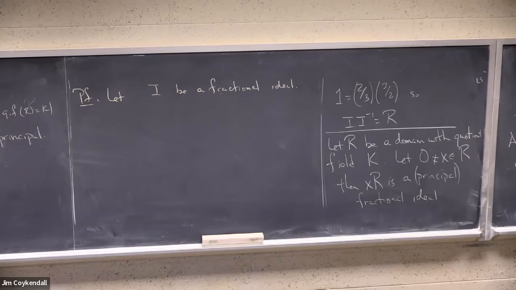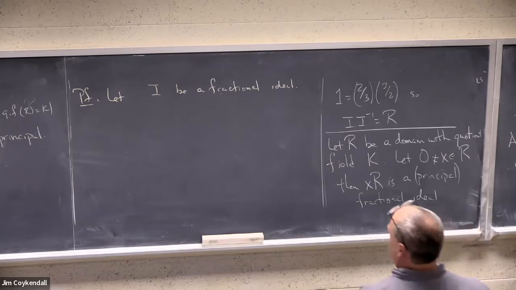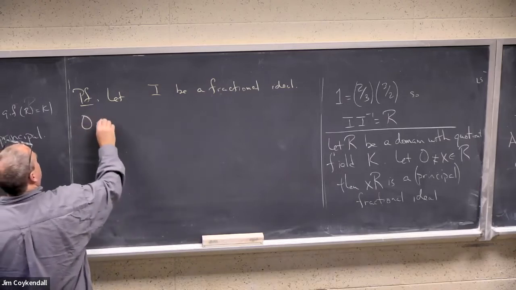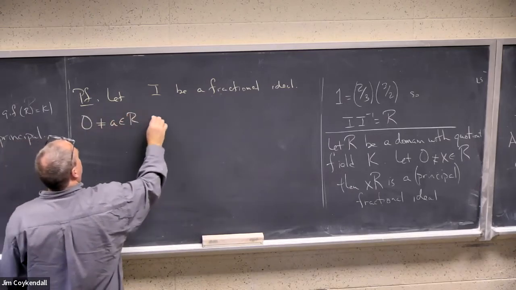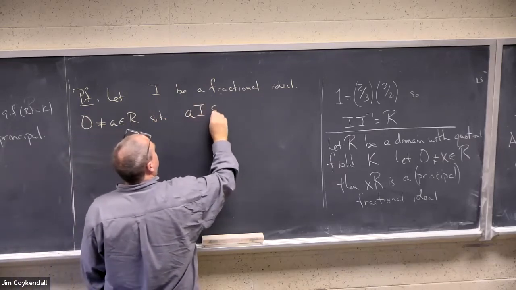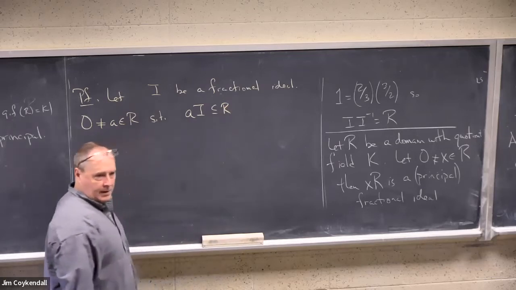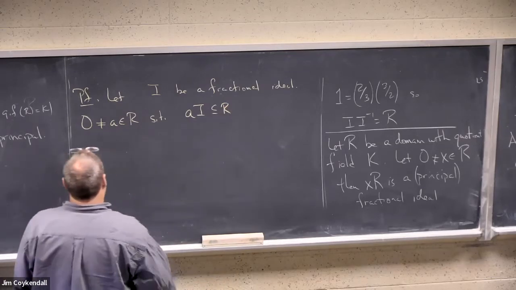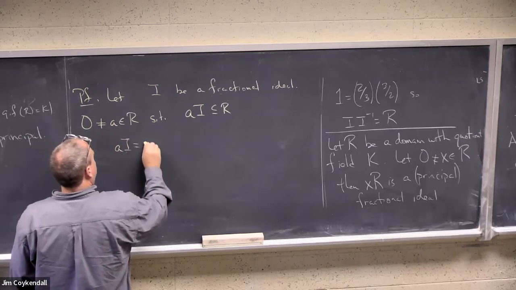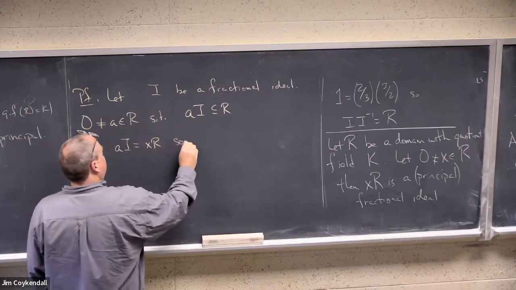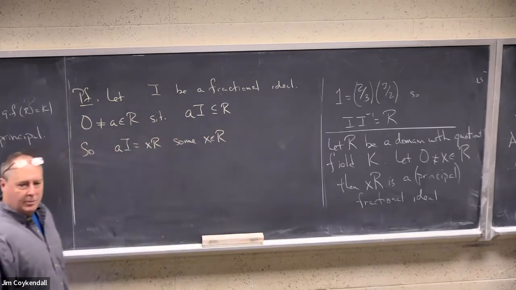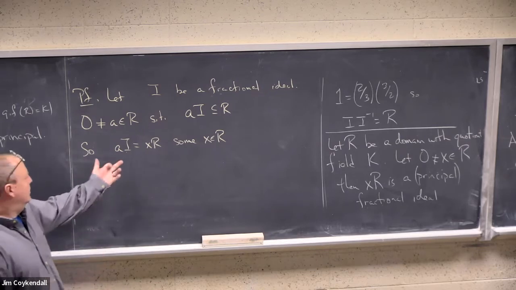The set of a in the quotient field such that aI is contained in R is going to be principal, and there you're using the principal ideal domain business.